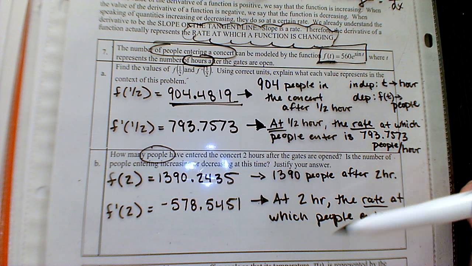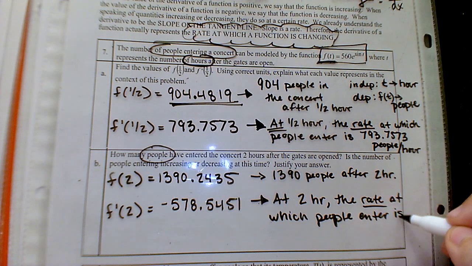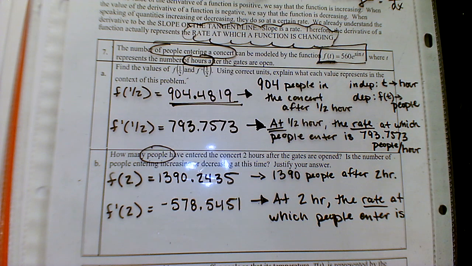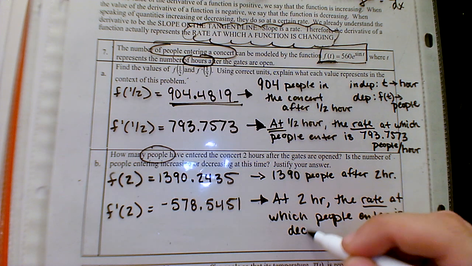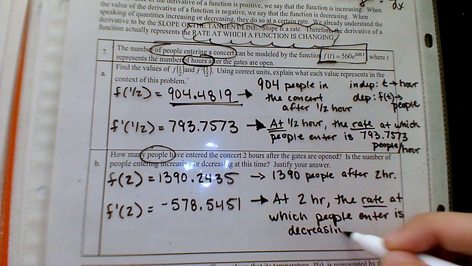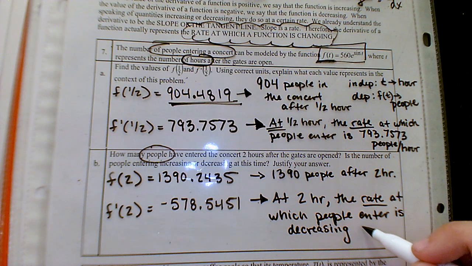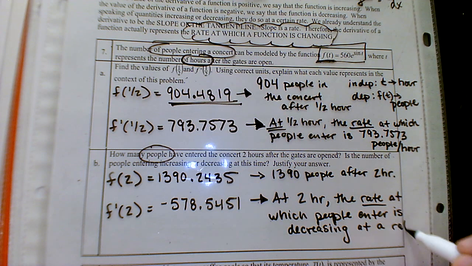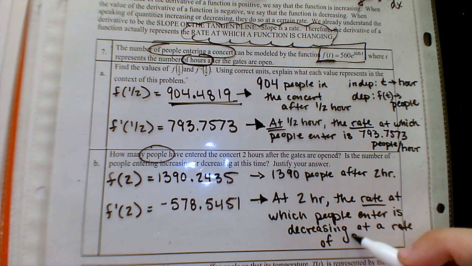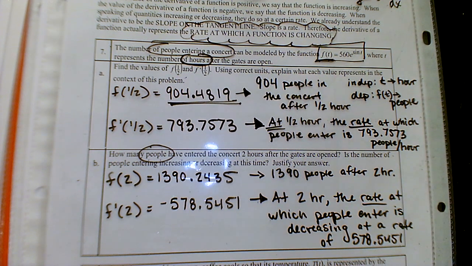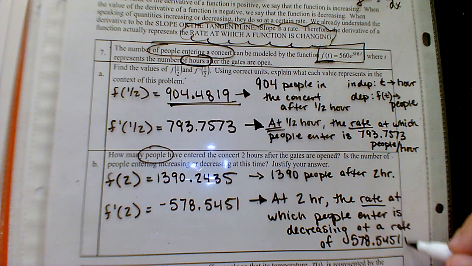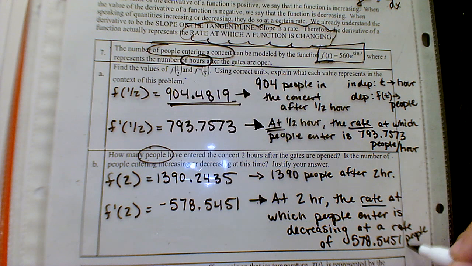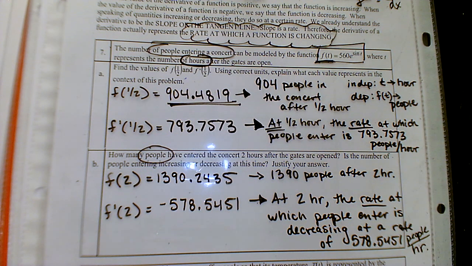At 2 hours, the rate at which people enter, Austin said it's coming in slower, so we can say decreasing. The rate at which people enter is decreasing at a rate of 578.5451, and our units will be people per hour.